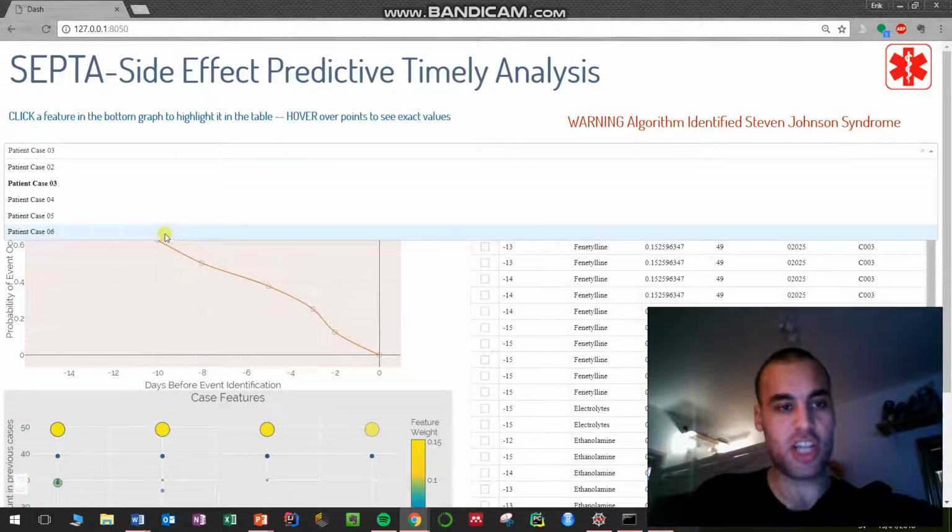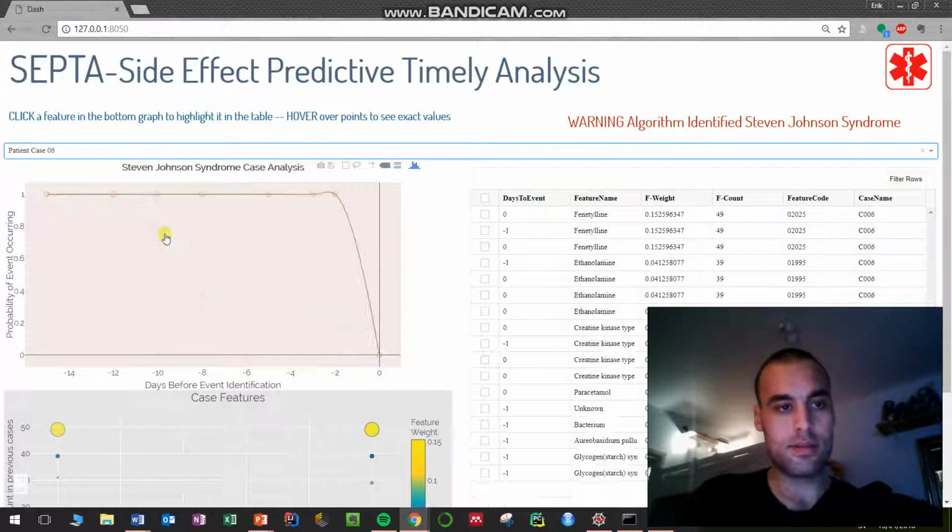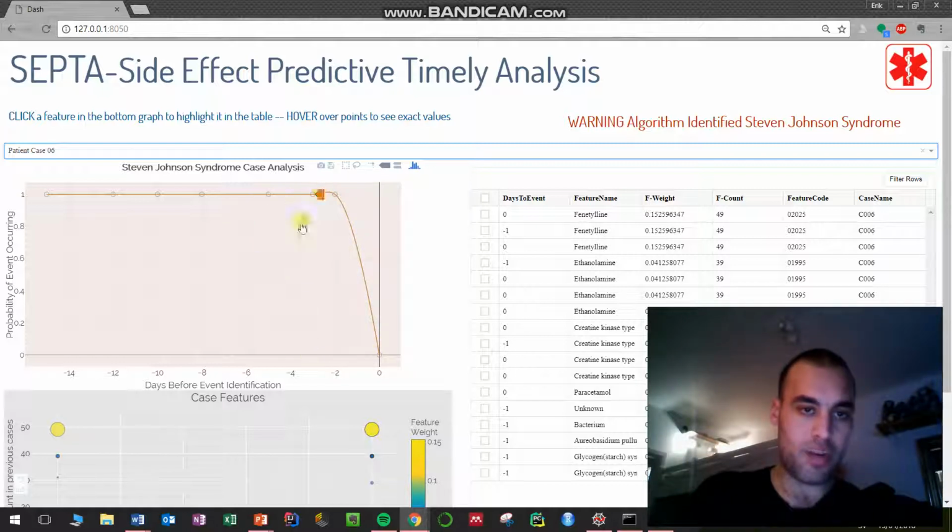And if I change cases, we can see how that plays an importance, since some patients were predicted to have a much steeper change in probability on a shorter time period.